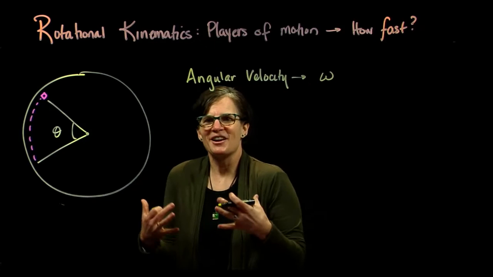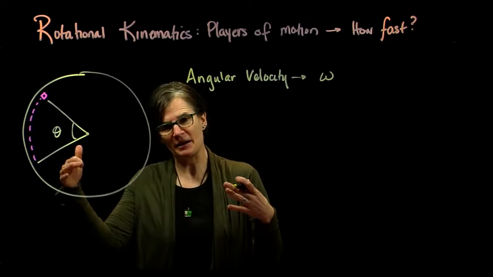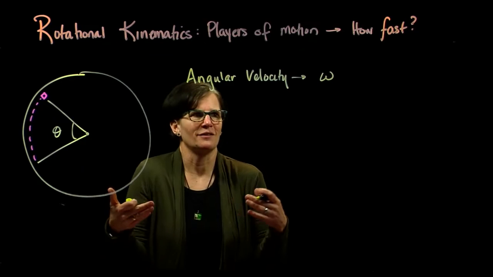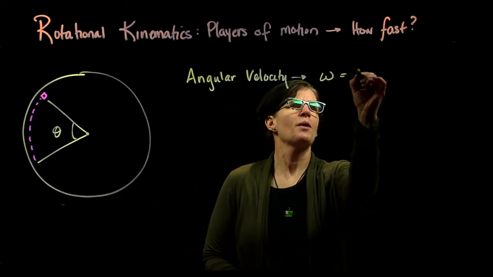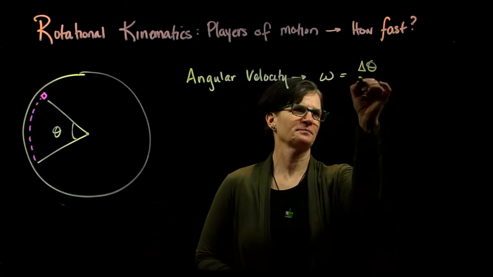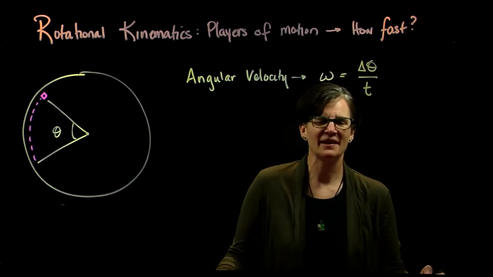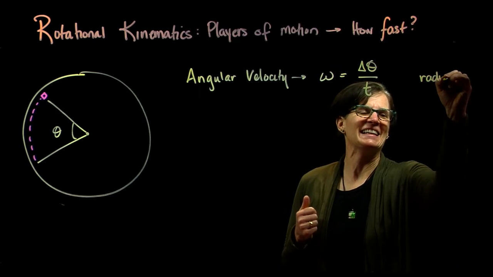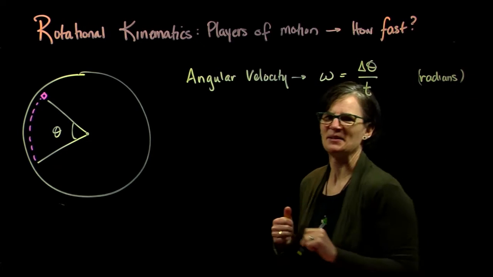Just like our ideas of translational motion, angular motion is how much angle we cover per time, so our change in angle, our angular displacement, per time. And again, we're always going to be working in radians, just as a reminder.